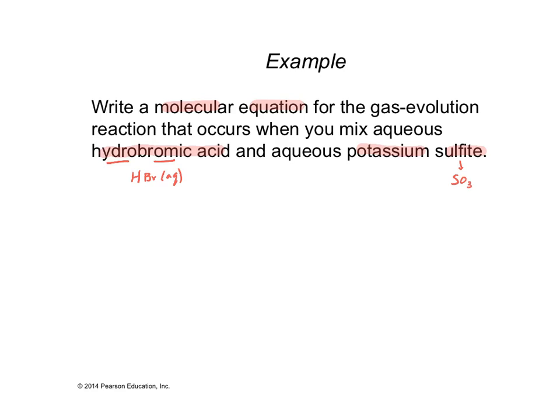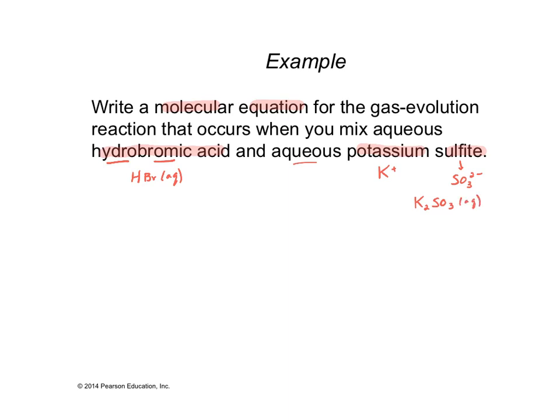Sulfite is SO3 2 minus, and potassium is K plus, right? So to combine these for our neutral starting reactant, I'm going to need 2 Ks to balance the 2 minus of my sulfite. And this, again, is aqueous because they tell you.